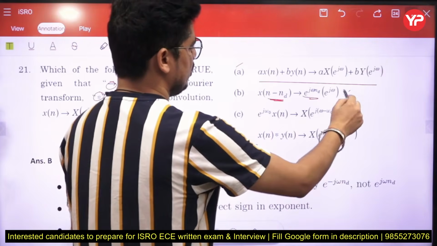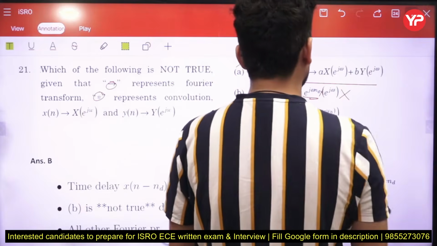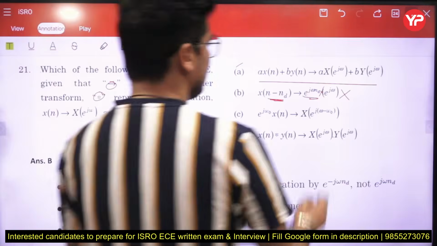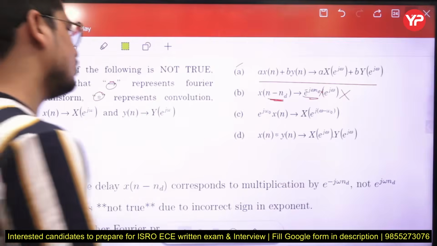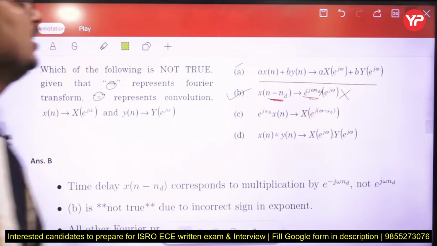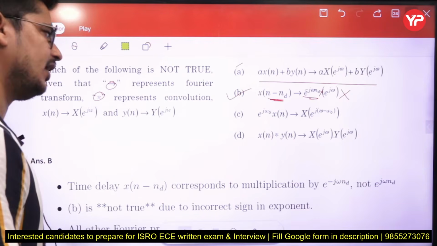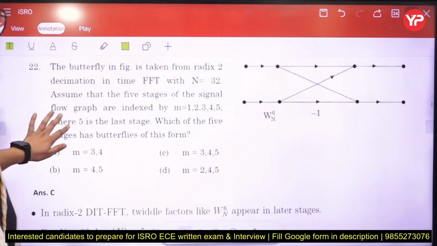This option is not correct. It should be e raised to the power j n omega naught X of e raised to the power j omega naught, and this should be minus here, not plus. This option is not correct. It means that will be the answer. This is having mistakes here, right? Next is correct, next is also correct, right? These are the properties of Fourier transform.